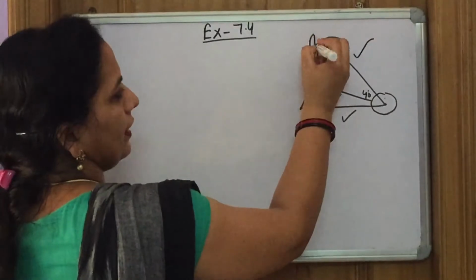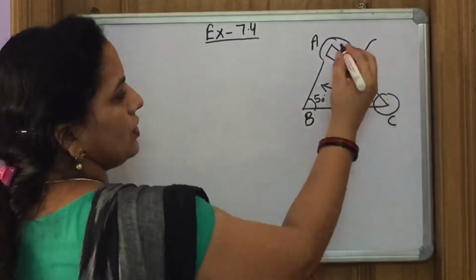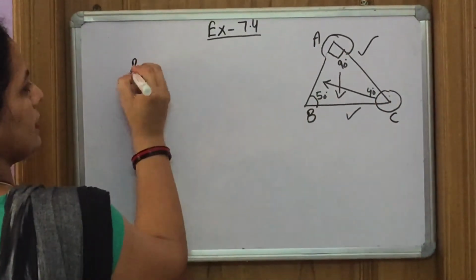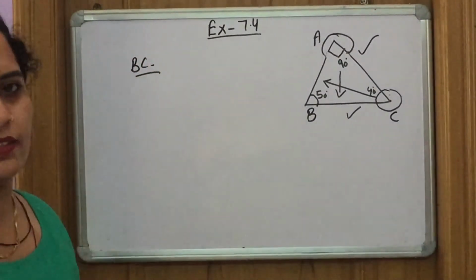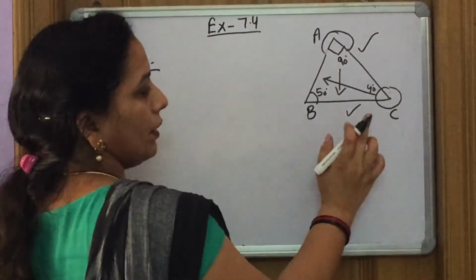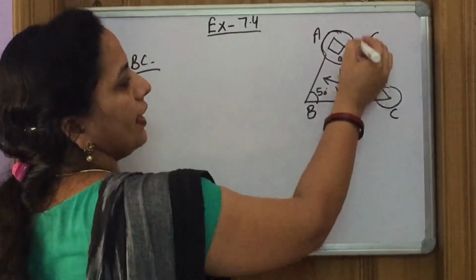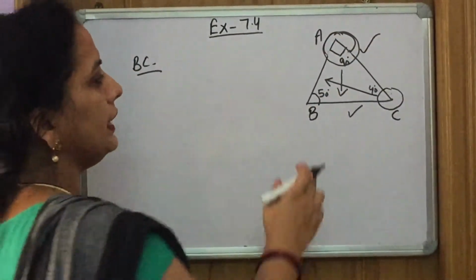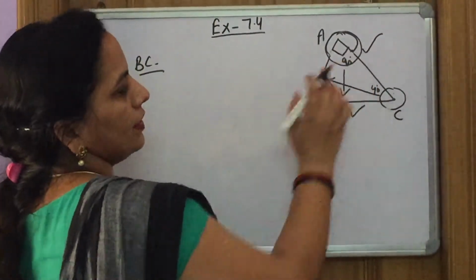So we can say that in this triangle BC is the largest side, because its opposite angle is the largest among these three angles.